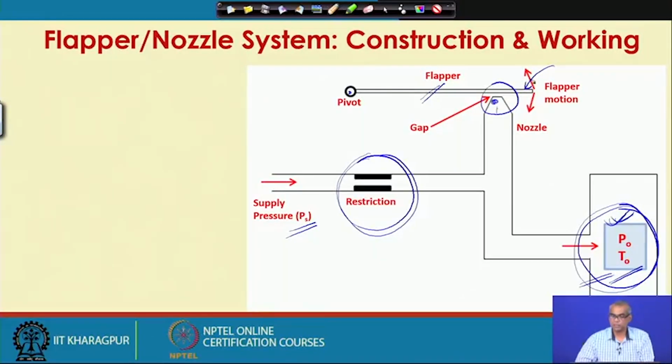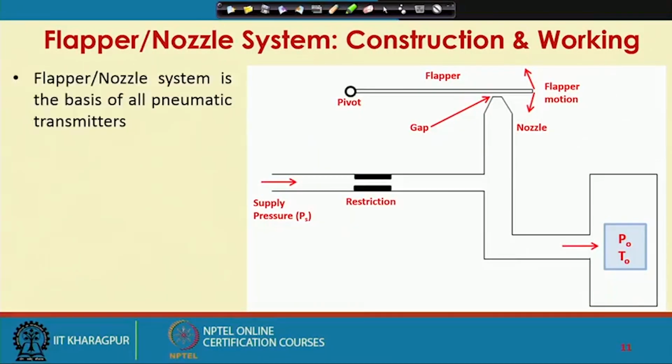With the motion of the object, the flapper will move, and the movement of the flapper will determine the gap between the nozzle and the flapper, and the gap between the nozzle and the flapper will decide the pressure here. So, by measuring the pressure, it is possible to measure the distance between the flapper and nozzle, which in turn will give me an indication of the motion or displacement of the object.